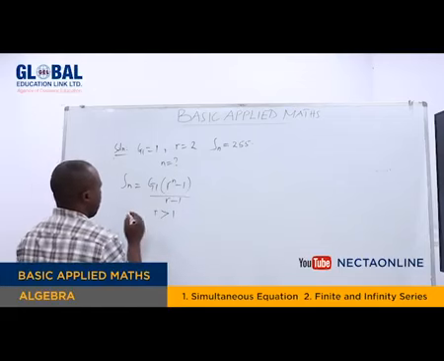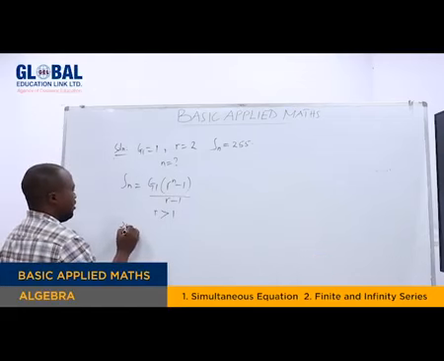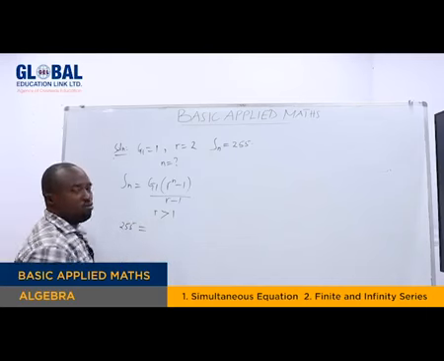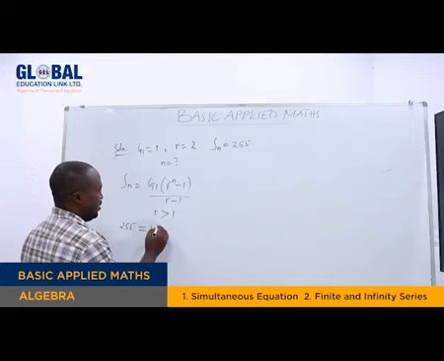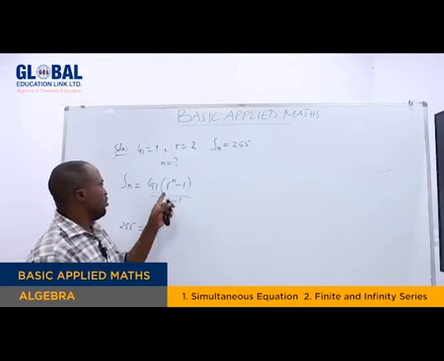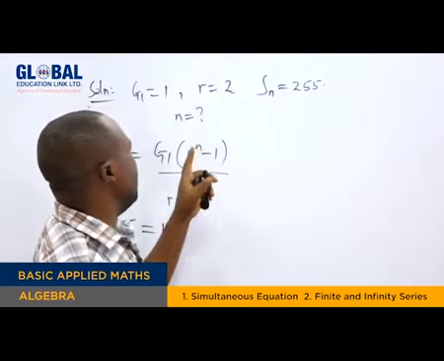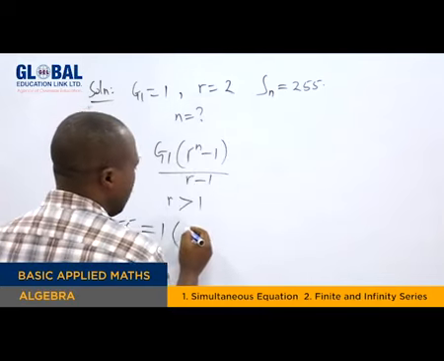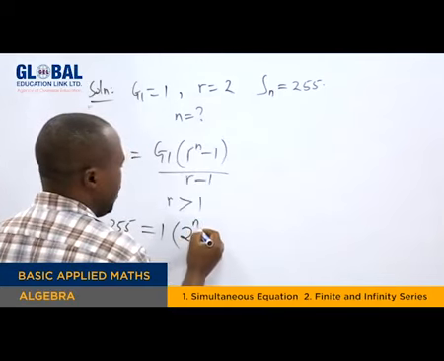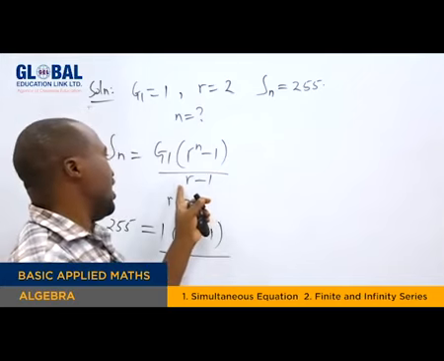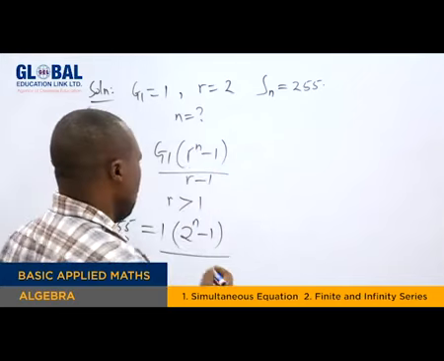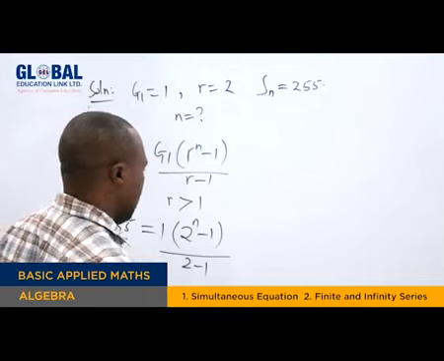SN is 255, which is equal to G1, that is 1, times bracket of R raised to N. R is 2, so it is 2 raised to N minus 1 over R minus 1, that is 2 minus 1.